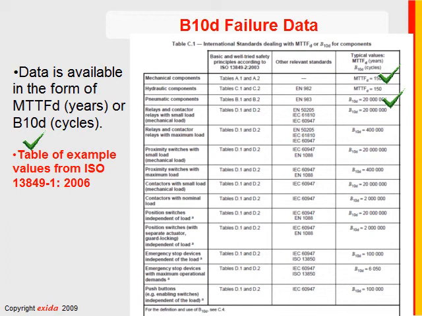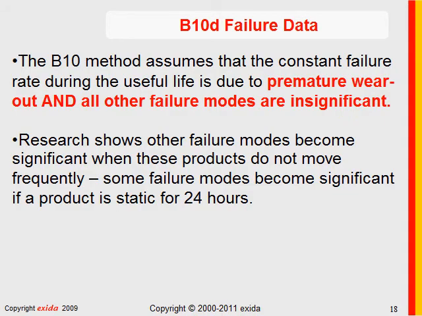And so the whole concept behind the cycle testing is simple. It assumes the constant failure rate during the useful life is due to premature wear out. It assumes that all other failure modes are totally insignificant compared to the failure rate of premature wear out.